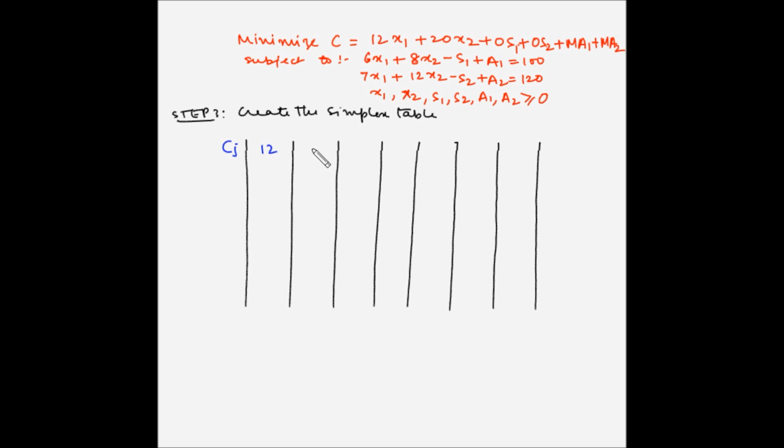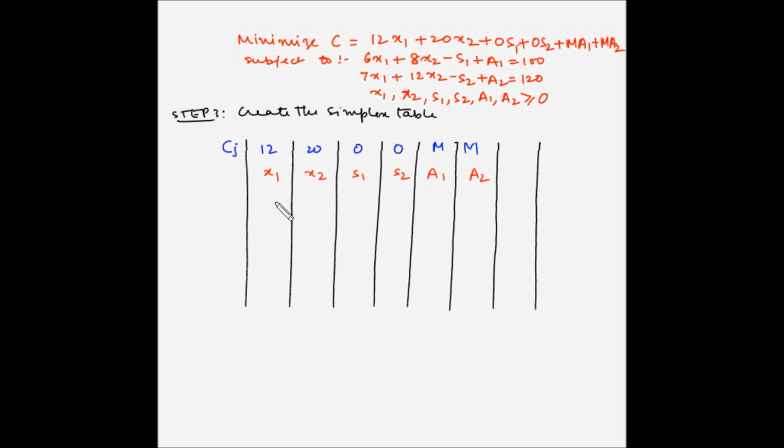So 12, 20, 0, 0, m, m. Now the second row of the table indicates the variables in the problem for which the Cj components have been written in the first row. So x1, x2, s1, s2, a1, a2.